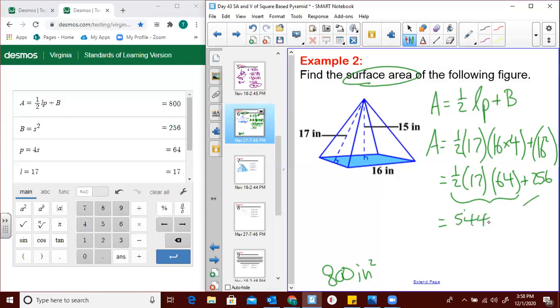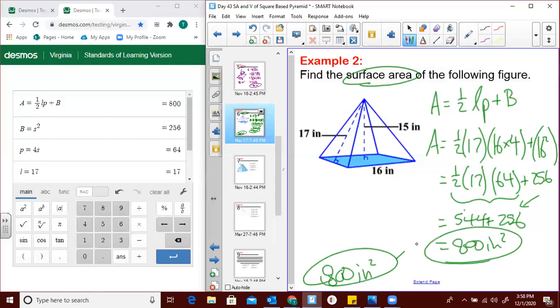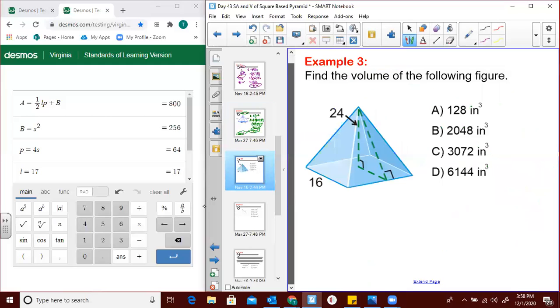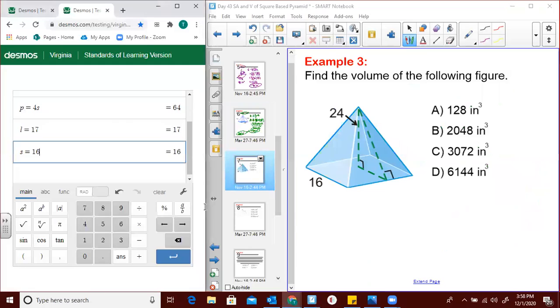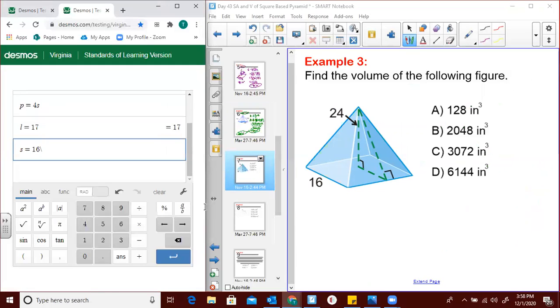Bring this guy down, plus 256. And that's going to give us 800 inches squared. So it does, in fact, work by hand, right? All right, so let's not do it by hand. Let's just focus on Desmos because it makes everybody's life a little bit easier.